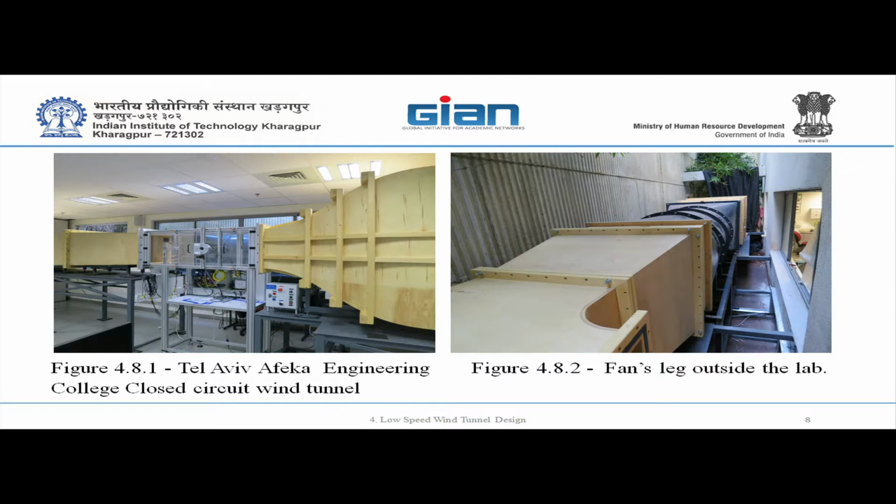On the right photo, you see the outer leg, the leg which is outside the building. This is a patio that is unused. And you see down is the second corner and then the constant section, and then it is actually a small angle diffuser, and then there's a constant section, and then the fan.